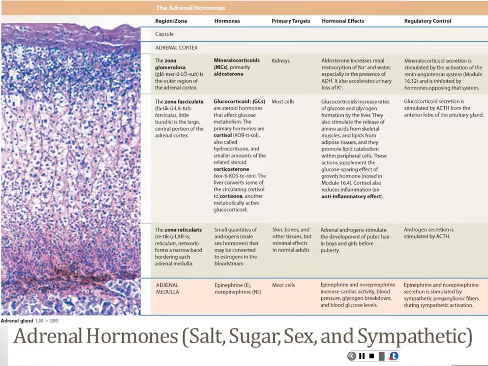So the 3 main ones that we talk about are cortisol, corticosteroid, and cortisone. And you should recognize those 3, okay? Because when you get to your patient care classes, you're going to see that we give people cortisol, we give people corticosteroid, and we give people cortisone. So not only are they substances the body makes, but they're also medications.